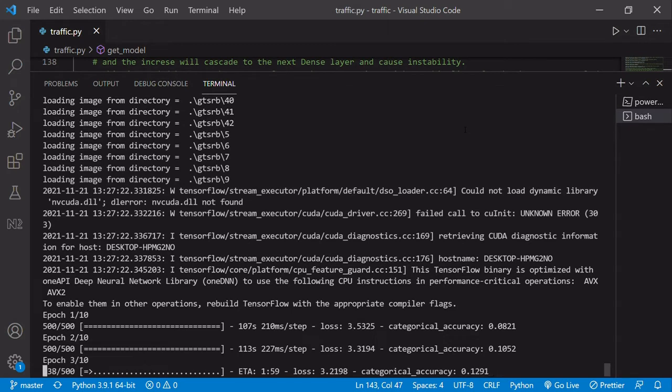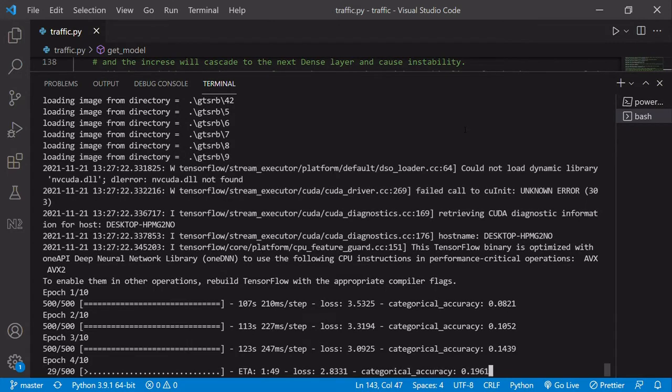I loosely based mine on the LeNet structure, but it's significantly different. I have three convolutional layers with only one pooling layer after the third, and the filters are increasing in size from 2 by 2 to 4 by 4 to 8 by 8.